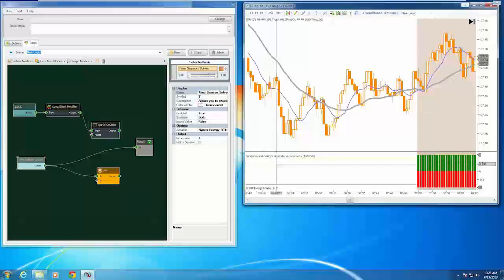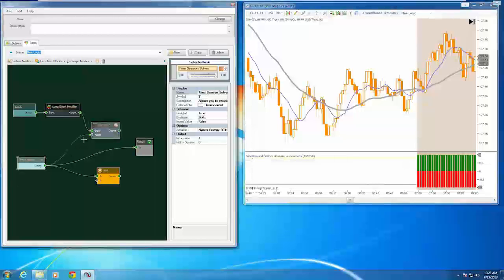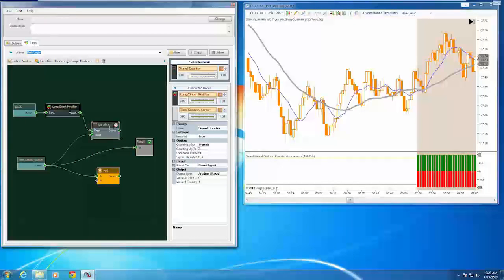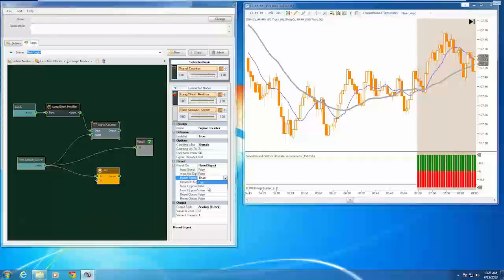Anytime we're blank like this, reset the count. Now, don't reset the count; actually start counting. So I'm going to put this in here, select the signal counter, and tell it to reset when there is no reset signal coming in.